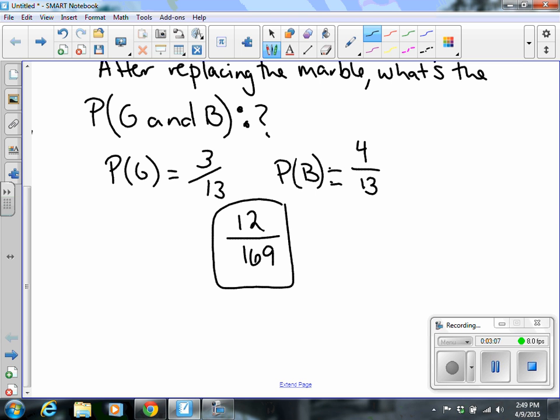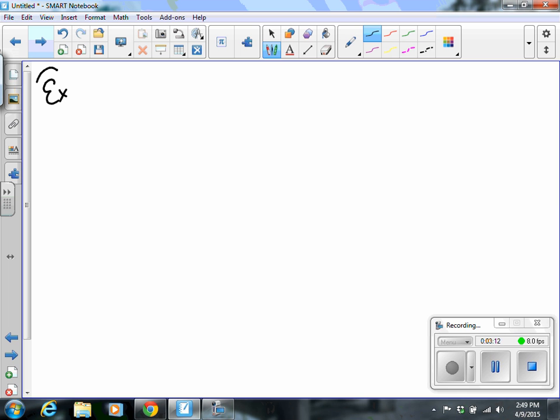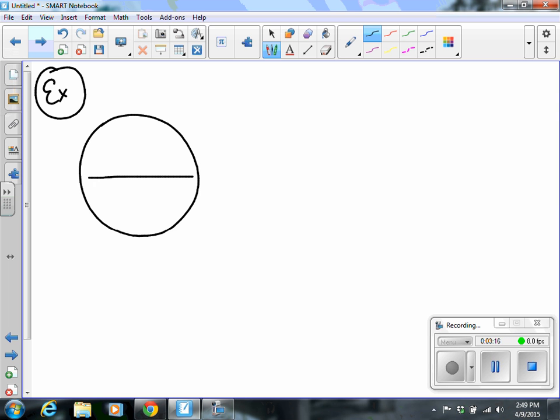Okay, so what about a spinner? I have a spinner, and those are my different options on my spinner.